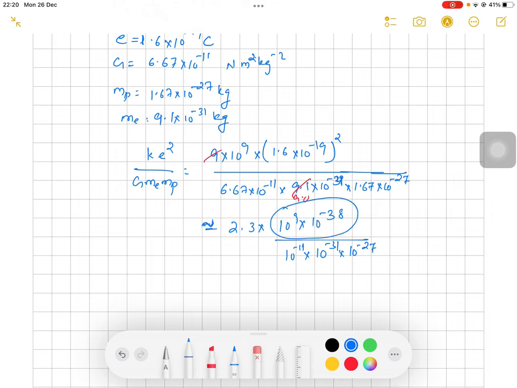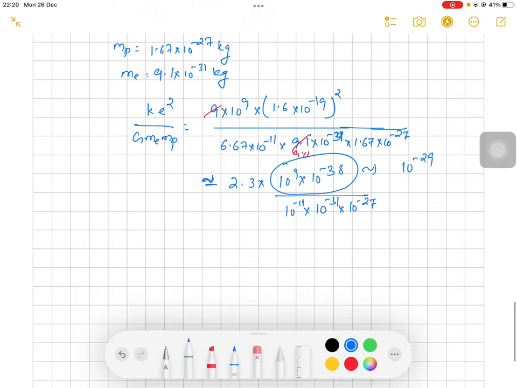Rearranging these values, you will get the answer 2.3 into 10 to the power 39.